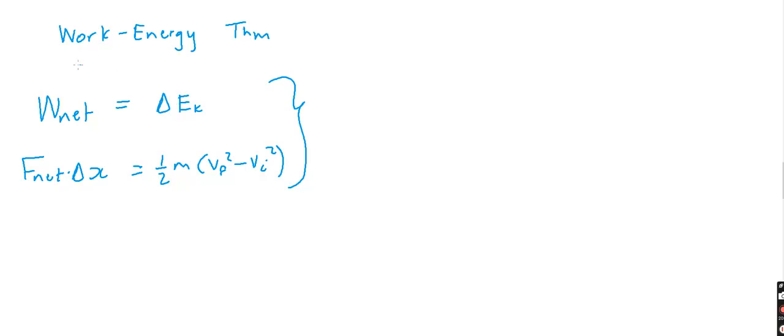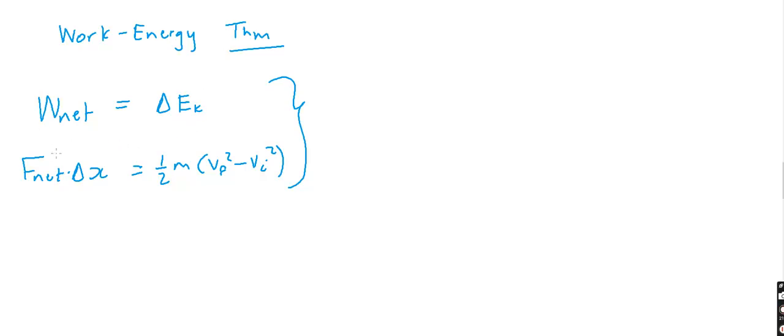Write this down. The statement for the work energy theorem says that the total work done on an object, or rather the total work done by all forces on an object, is equal to the object's change in kinetic energy. We call this a theorem because it's mathematically true, but it's not physically true.